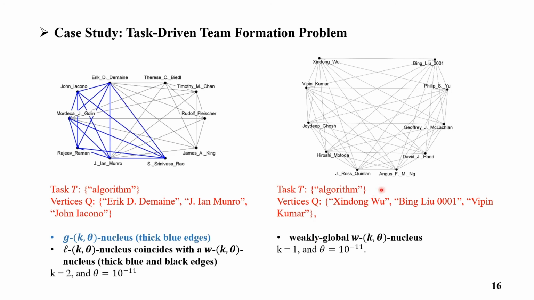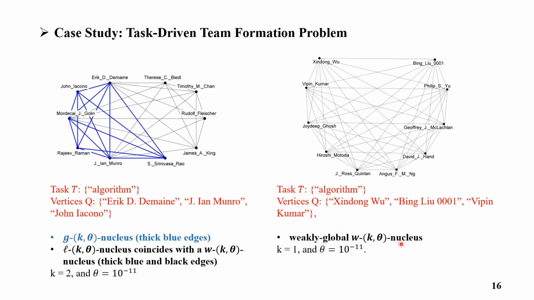Here on the right, we realize that for this query, local nucleus decomposition gives graphs which are bigger and have 100 nodes, and for global nucleus, we couldn't find any subgraph using global nucleus decomposition.